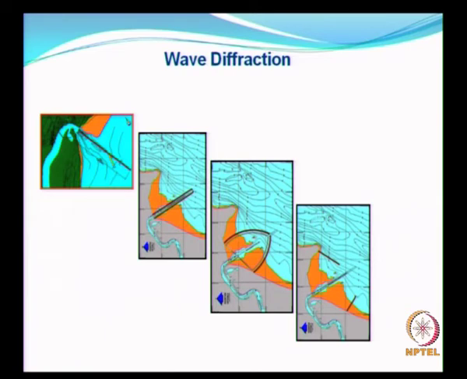So this is another example showing you how this diffraction calculation can be useful, particularly in the layout of harbors. For example, here we have a river mouth. There is some amount of waves, mostly the waves are coming in this direction. Sometimes the waves are coming from this direction too.